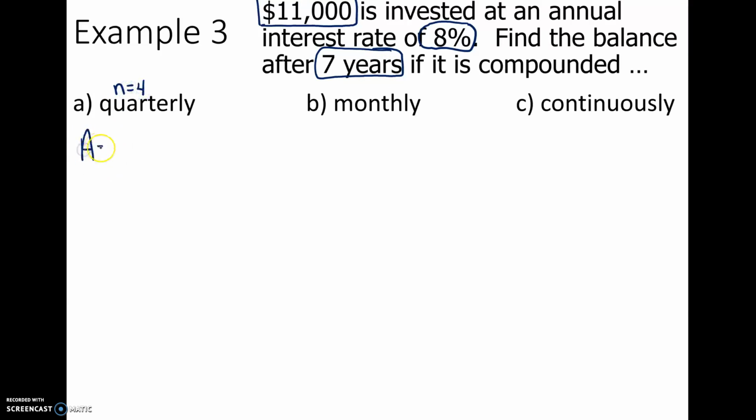So the amount that we have equals the amount that we started with times 1 plus 8% as a decimal, 0.08, divided by n, 4, raised to the 4 times the amount of time, 7.